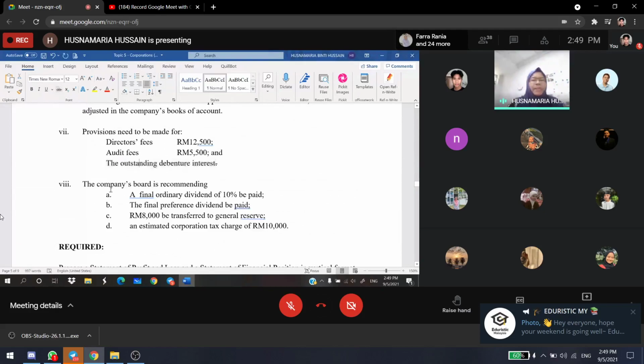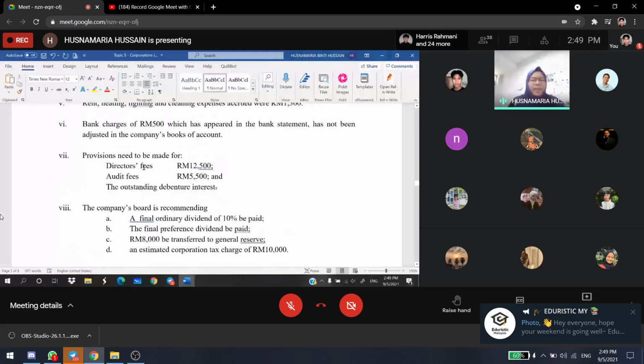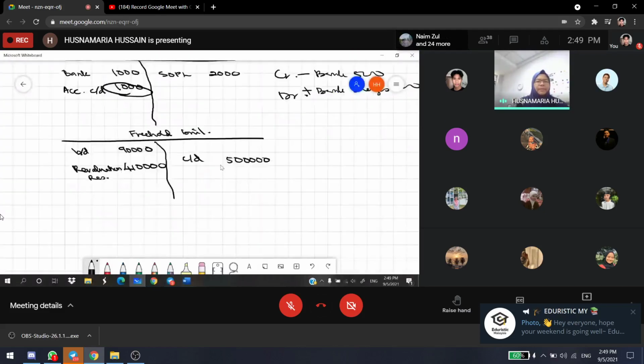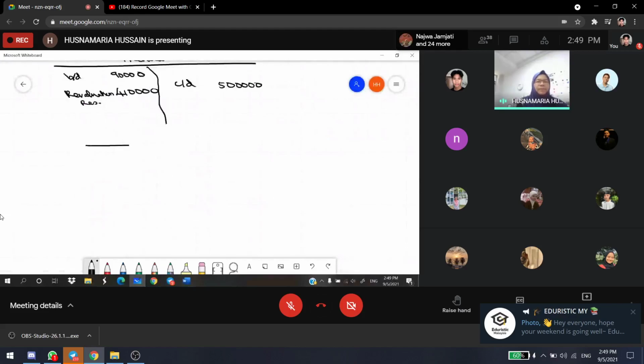So the company's board is recommending, but before that, let's do the director's fees first and audit fees. Otherwise, you will miss it or you will get confused. Director's fees and audit fees.